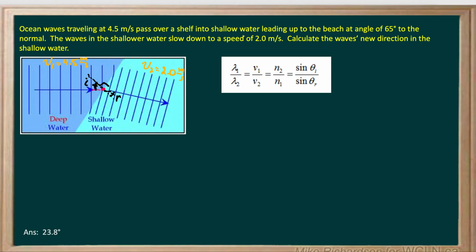Now in this question, we have velocities. So in our refraction equation, we have this information and we have angles. So we want to use this version of our refraction equation. Like that. Now we know V1.